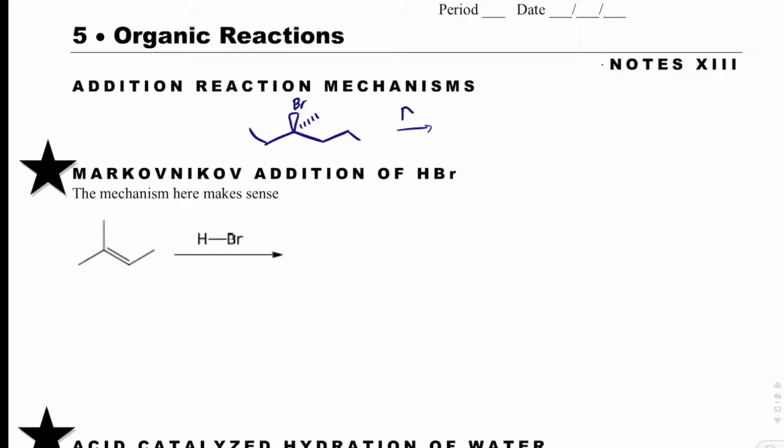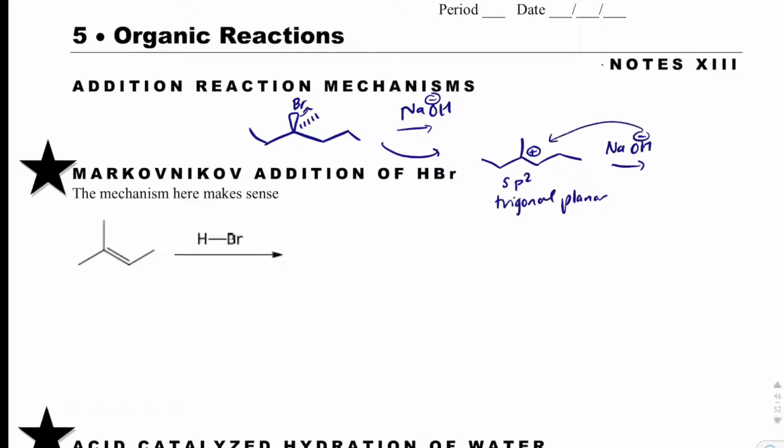So let's just say sodium hydroxide again, since that's a tertiary carbon, definitely the leaving group has to leave, and so the leaving group leaves, and when it does that, we get an sp2 hybridized carbon, which is trigonal planar, and now our nucleophile can come in and attack the positive charge, and because it doesn't have to kick out a leaving group, because the leaving group has already left, we are going to get a wedge OH, a dash methyl, plus a wedge methyl and a dash OH.